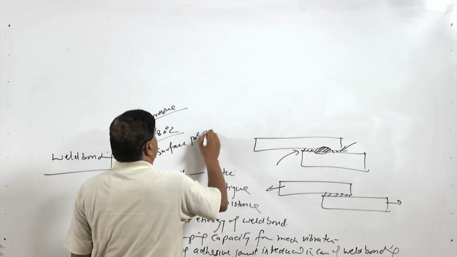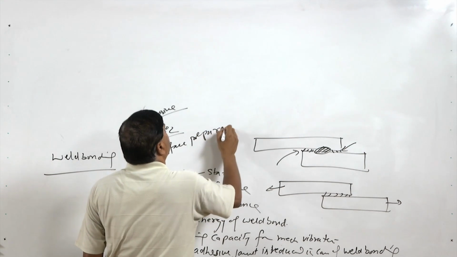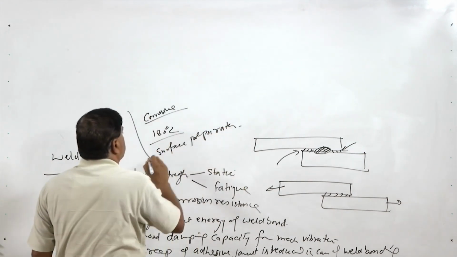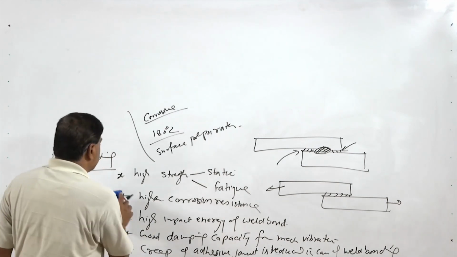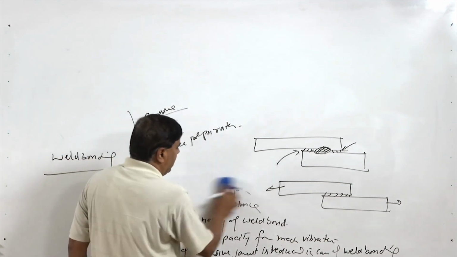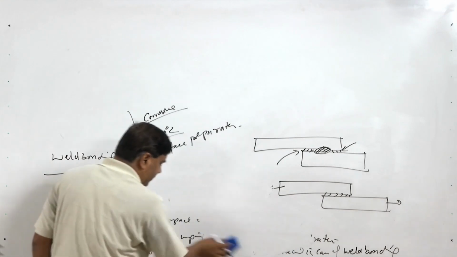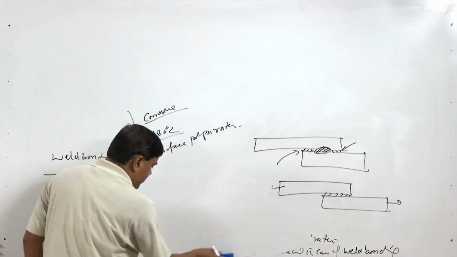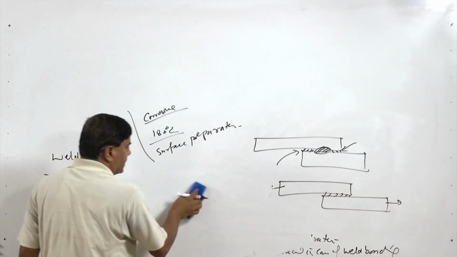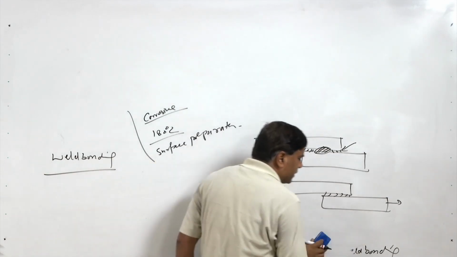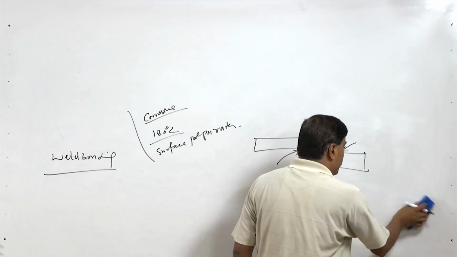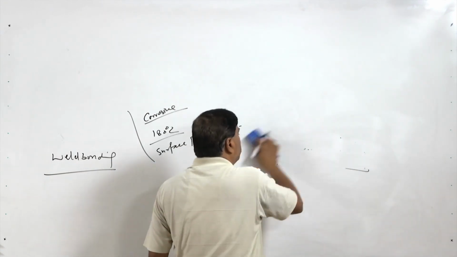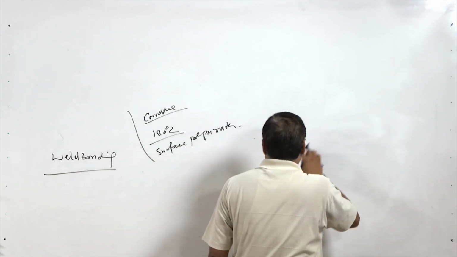So, these are the 3 or 4 limitations, you can say, the negatives related to the adhesive in weld bonding. As far as the application of weld bonding is concerned, this is mainly used under conditions where the joint is very critical and we want to reduce the stress concentration.